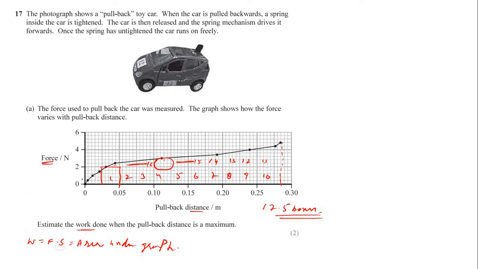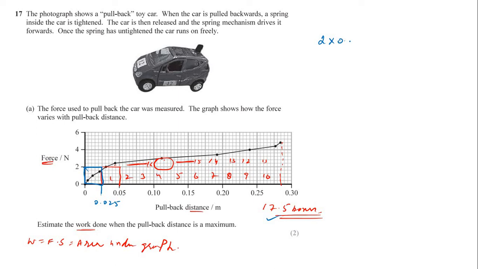If you see only one box, which is this one, you multiply the area of the one box with the total number of boxes. So the area of one box will be 2 times 0.05, and then it will be 0.025, half of that.